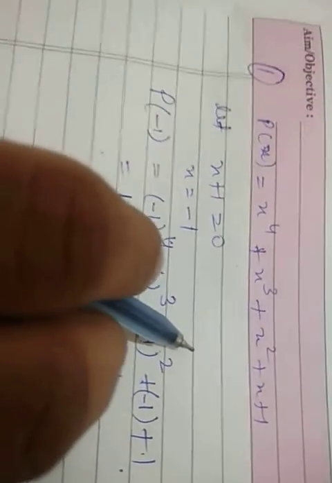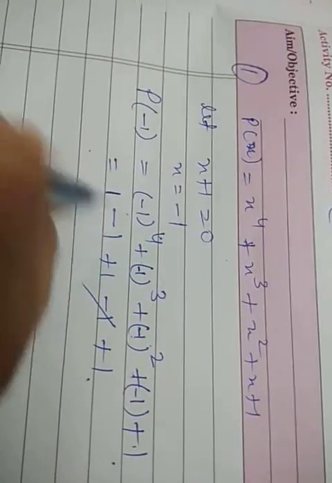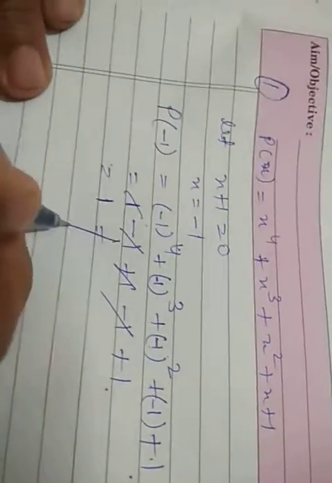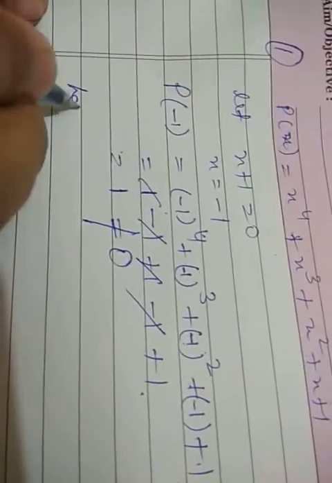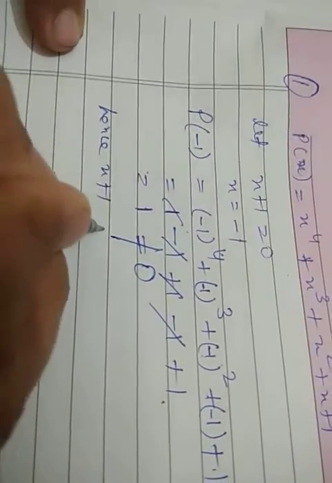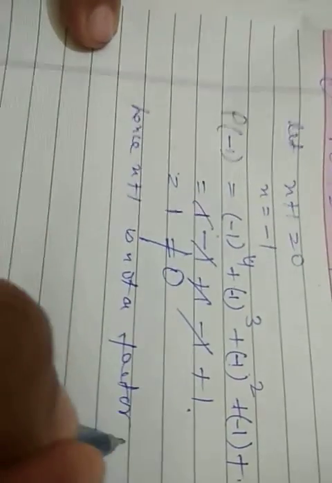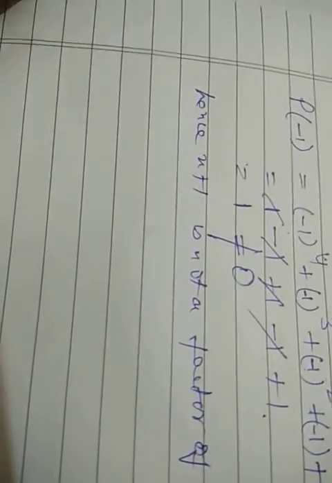So the result is 1, which is not equal to 0. Hence x plus 1 is not a factor of p(x). Now move on to the second question.